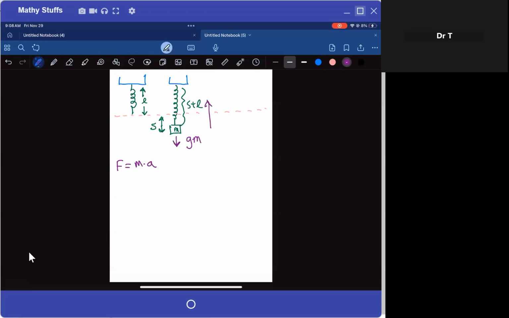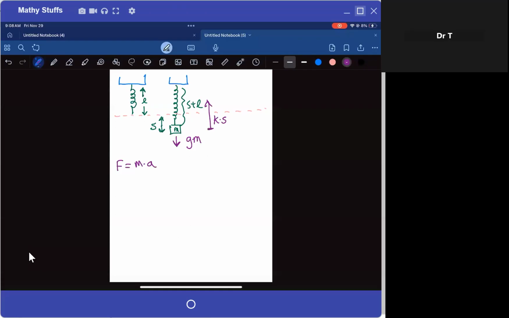Now, what is that upward force? Well, I've stretched it S units, and we're assuming that Hooke's law is in effect, and this spring has a certain stiffness denoted by K. And KS is the force acting upward, the amount we've stretched the spring past its natural state.